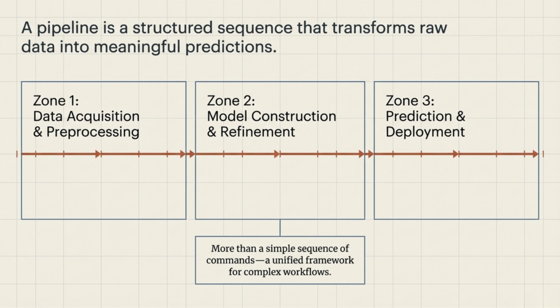It is divided into three key zones: data preprocessing, model construction, and deployment. Each stage builds upon the previous one, ensuring a logical and efficient flow. Together, they form a unified system for handling complex analytical tasks.